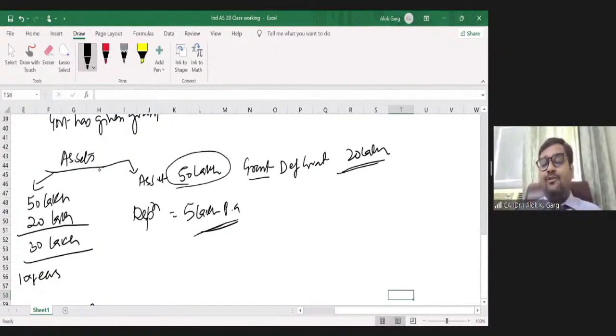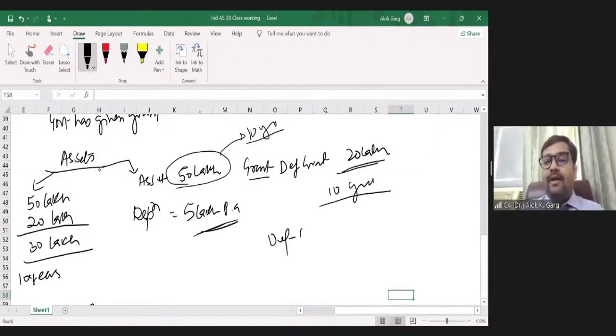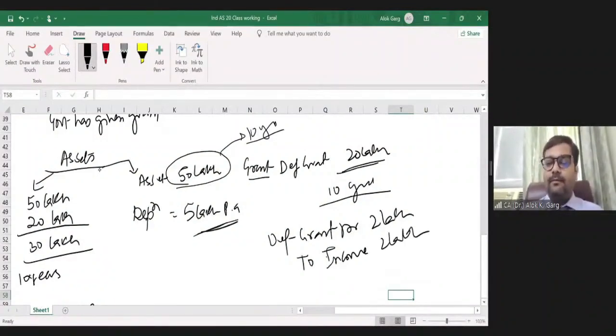This 50 lakh has to be depreciated over a period of 10 years, so this 20 lakh is also recognized as income over a period of 10 years. And what will be the accounting entry? Deferred grant debit, because it is a liability when we have received. Deferred grant debit 2 lakh every year, to other income 2 lakh. I hope this is clear to everyone.